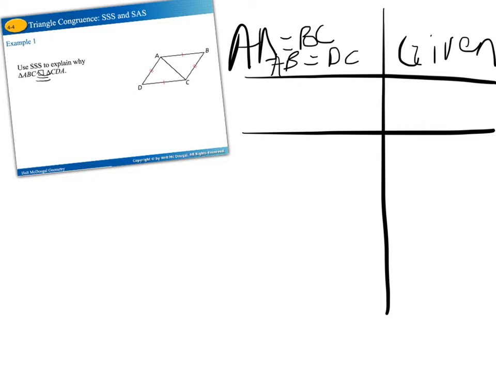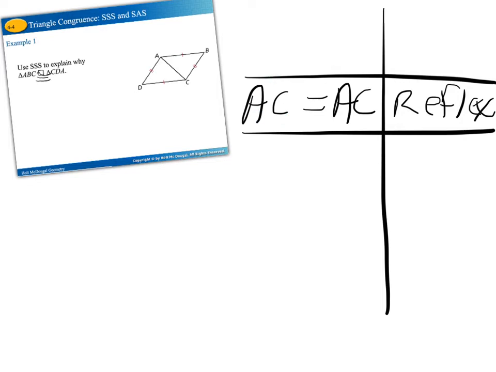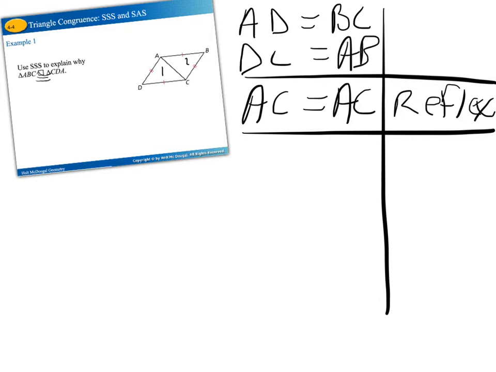Alright, then I'm going to use the fact that AC equals AC. That's reflexive. I'm going to put this side of the equal sign as triangle 1, and this side will be triangle 2. So I'll say AD is equal to BC, and DC is equal to AB. Notice how I've got my equal signs lined up.